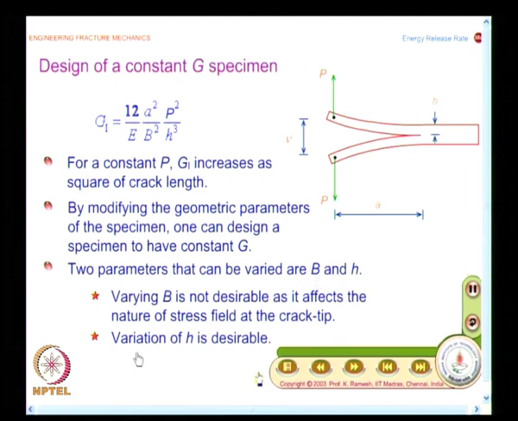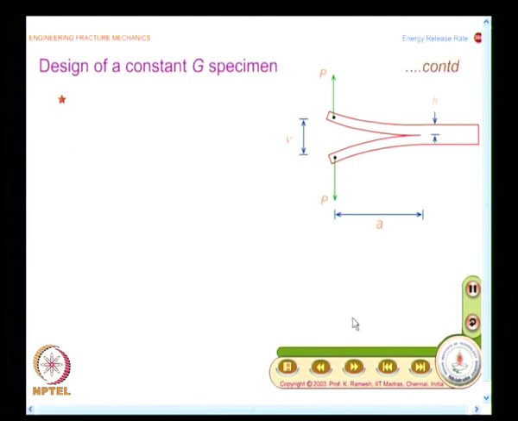On the other hand, you can vary the height. In this fashion, we will not alter the stress field at the crack tip, that is the advantage. And we will also look at how to change it.